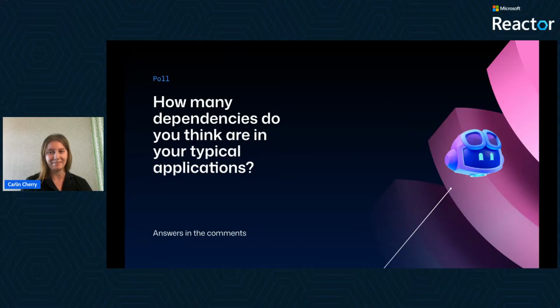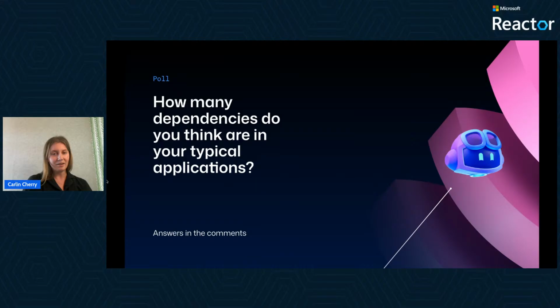So I asked this question in the poll, how many dependencies do you think are used in a typical web application? And this is actually a little bit of a trick question because pinpointing the number of dependencies that are used in a typical, I'm using quotes here, typical application is quite difficult. It can depend on a lot of factors. Generally, though, the average number of dependencies in an application is high.